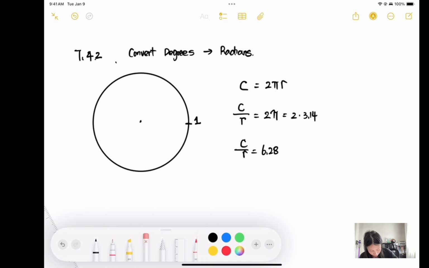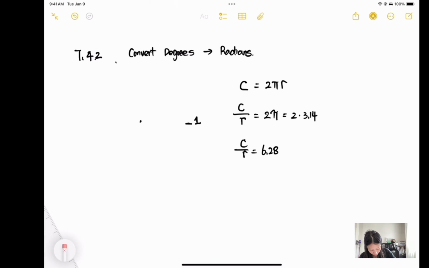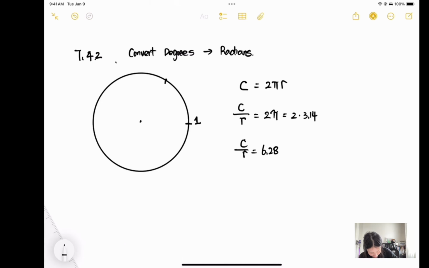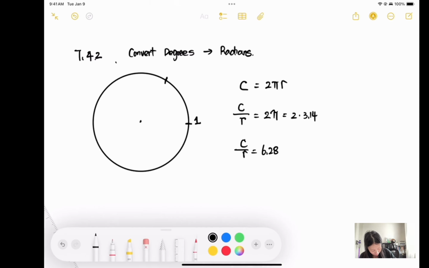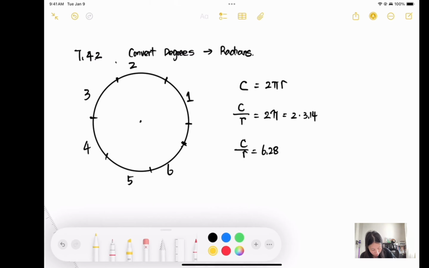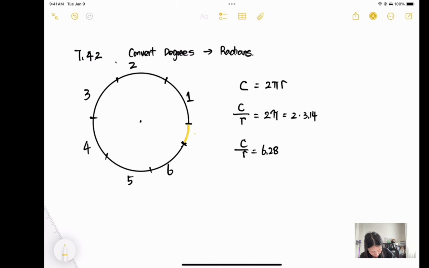So this is the first part. Second, third, 4, 5, 6. And this little small section is going to be another 0.28.